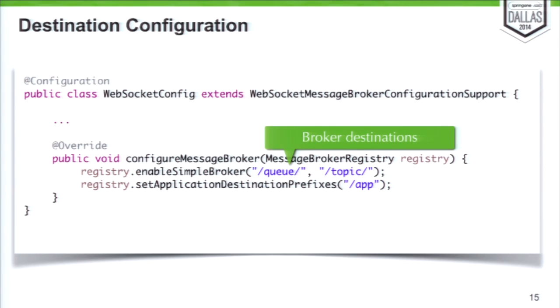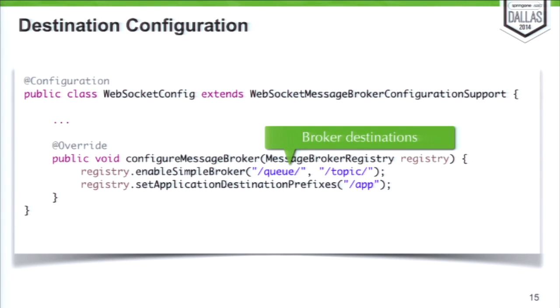So we have the option to define the embedded simple broker or the broker relay, which we're going to see later on. This configuration basically means that everything that is sent to /queue/whatever or /topic/whatever is going to be sent directly to the broker. In that case, we are defining the simple broker, so we're going to use the embedded broker, right?